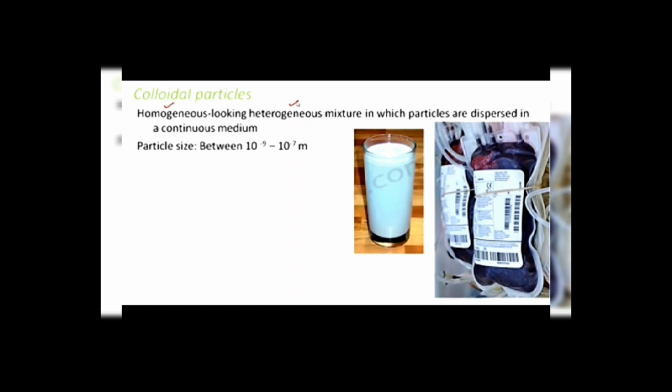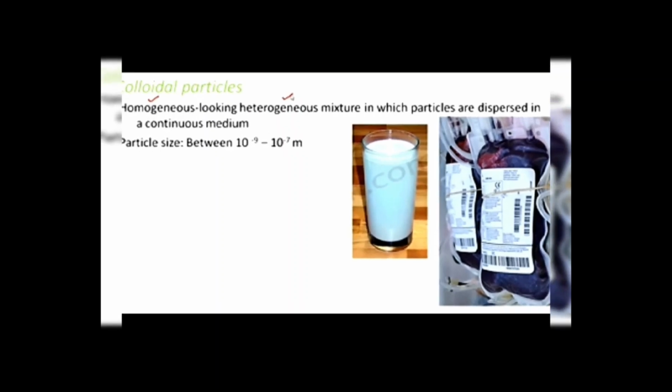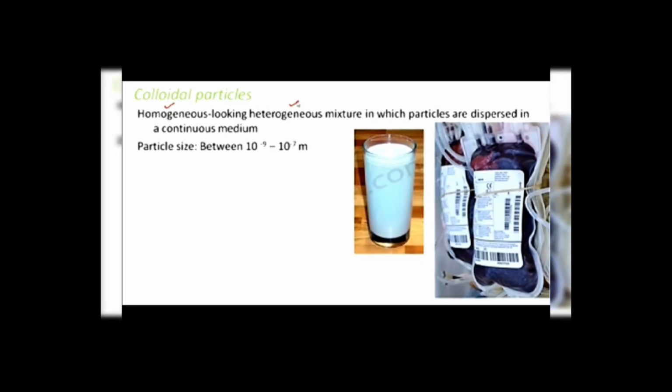Homogeneous, you have read in ninth grade, where all the substances are the same throughout, and heterogeneous is the mixture where substances are separable. So colloids are actually homogeneous-looking heterogeneous mixtures in which the particles are dispersed in a continuous medium. One common example of a colloid is milk. Another example is blood.